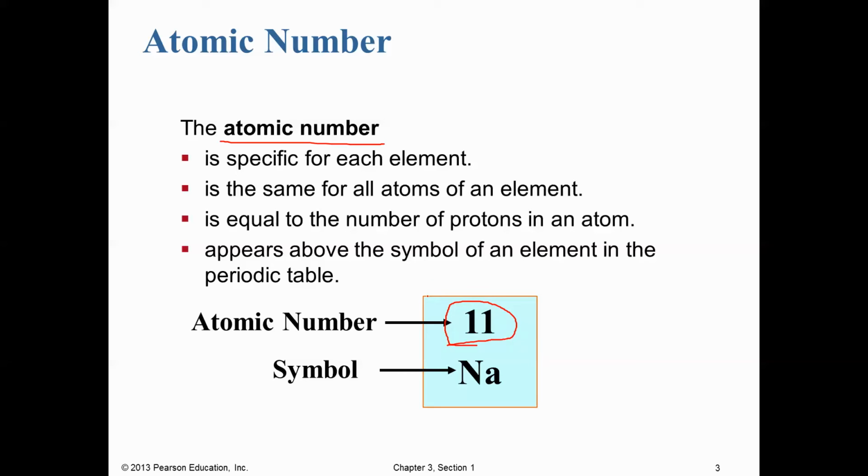The atomic number indicates the number of protons in an atom, and it's also essentially the identity for an element. So right here, sodium, for instance, has 11 protons, and what that means is that any atom with 11 protons is going to be considered sodium. If we have more or fewer protons, that'd be a different element entirely.